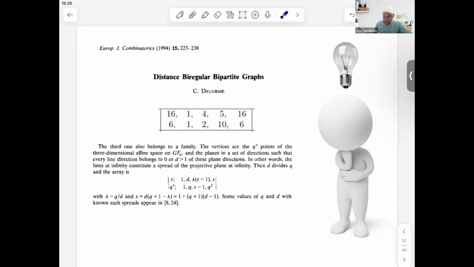We found that it belongs to a particular family, and so we know that this graph exists. So it will be an example of the graph that we wanted to find. So we are at peace because we know at least one example of such a graph.